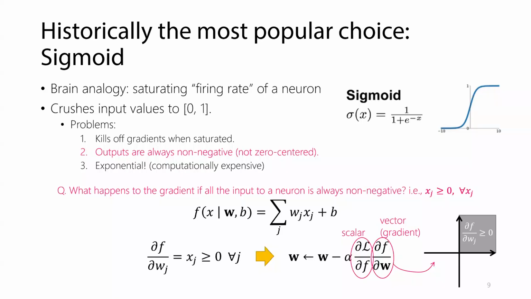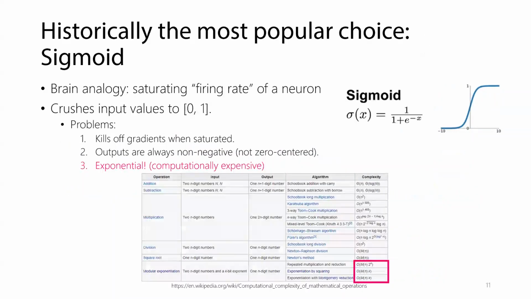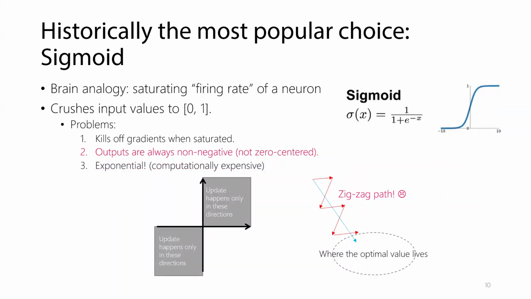This is the situation that we're getting. The update only happens in the directions that fall under the shaded area, and you never get to explore or have a gradient vector in the second quadrant or the fourth quadrant.